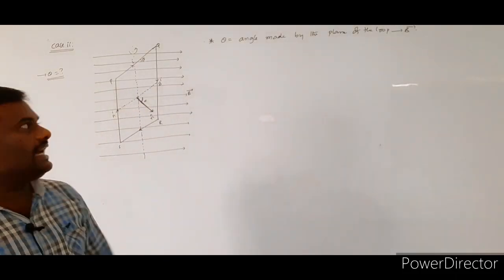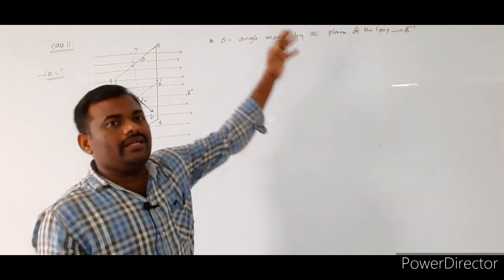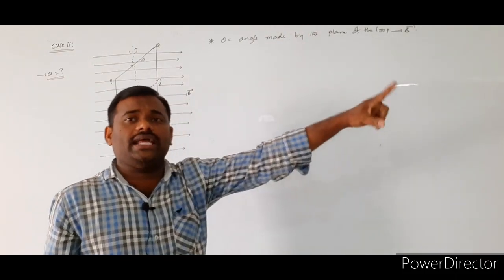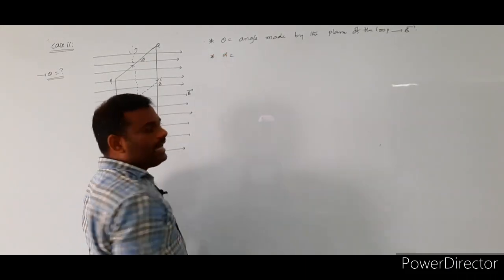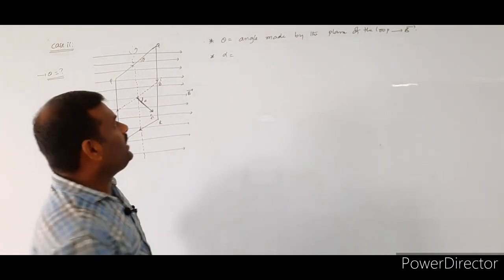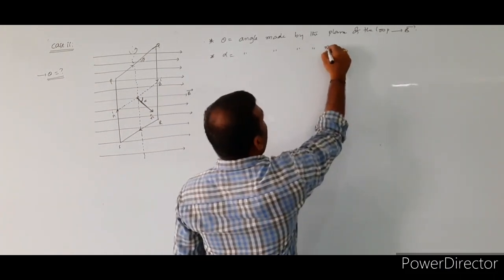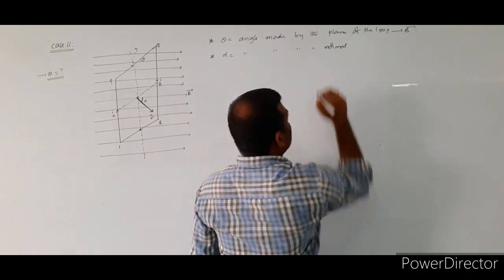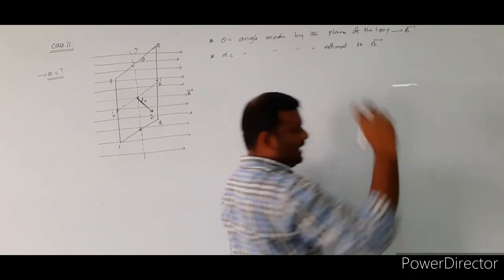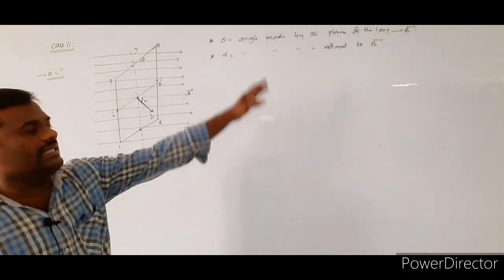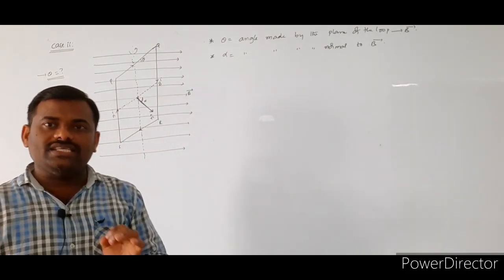And another angle is alpha. Alpha is the angle made by the normal of the given loop with respect to the direction of the magnetic field. These are the two assumptions we made in this case.